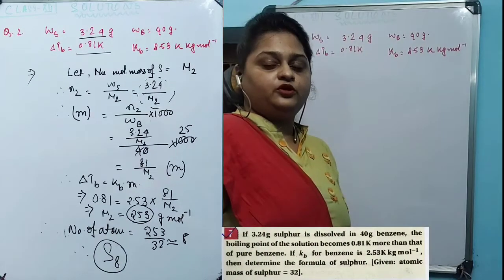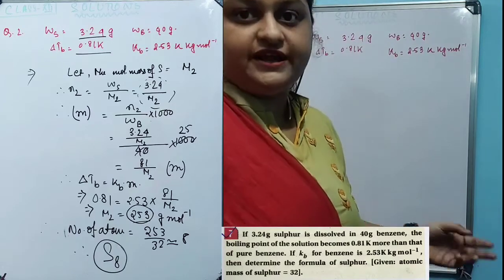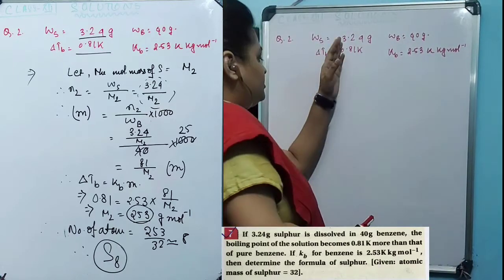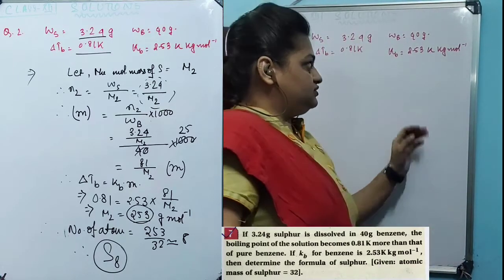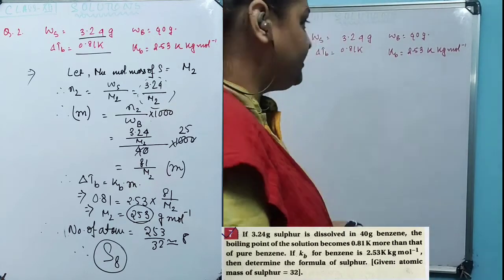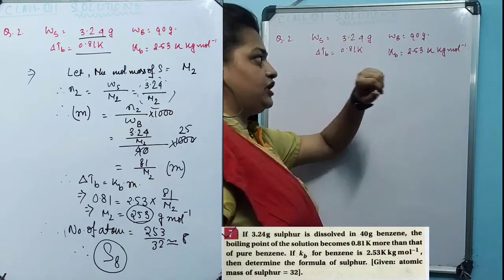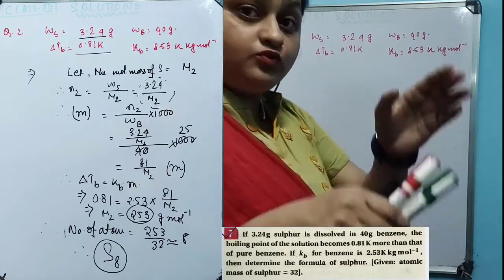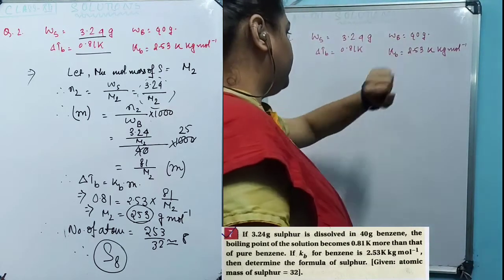In mathematical problem number 2, the information that has been given is that sulfur has been dissolved in benzene to produce a solution. The amount of sulfur that has been dissolved is 3.24 gram, and the amount of benzene in which it has dissolved is 40 gram.